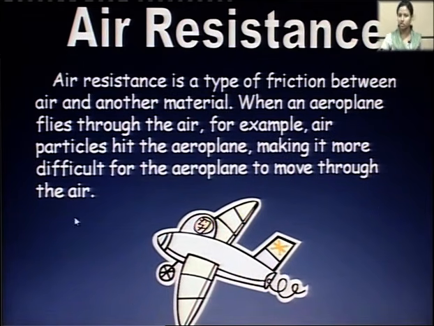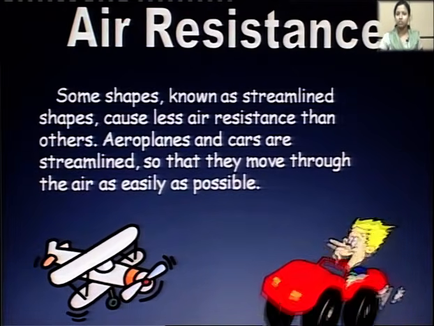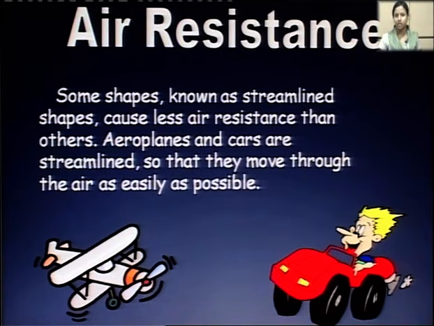So here the friction that comes into play is called fluid friction, or you can say air resistance. Some shapes, known as streamlined shapes, cause less air resistance than others. Aeroplanes and cars are streamlined so that they move through the air as easily as possible, because it reduces the friction.